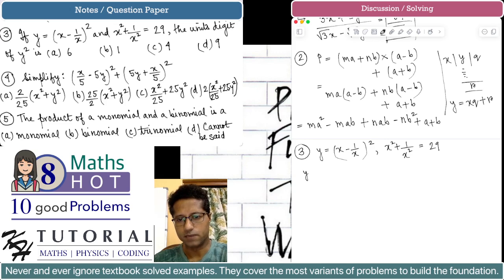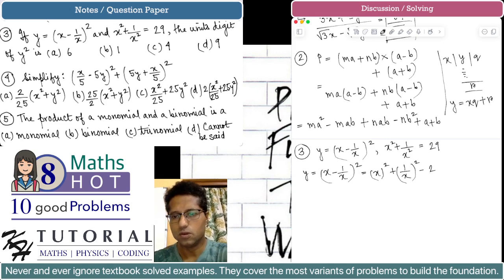Y, if I expand, y is given as x minus 1 by x whole square. So applying the identity of a minus b whole square, this becomes x square plus 1 by x square minus 2. So it will be a square plus b square minus 2 into ab.